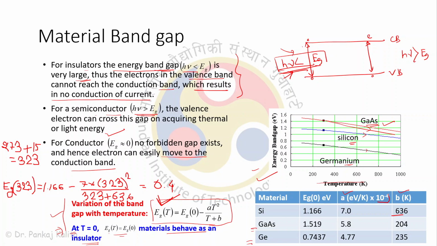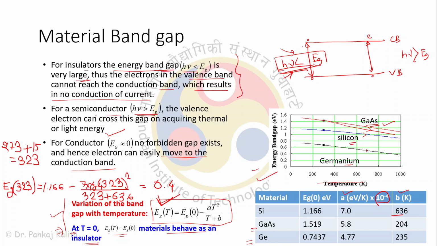Okay, this thing we missed: 10 to the power minus 4. So 323 squared into 0.0007 by 323 plus 636.